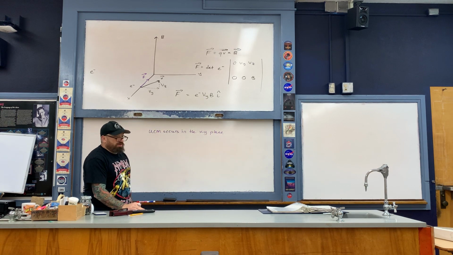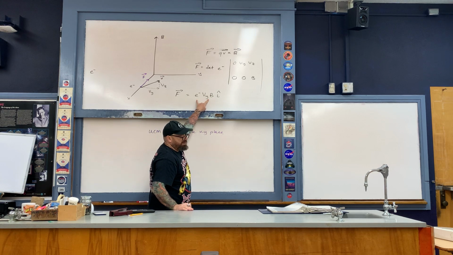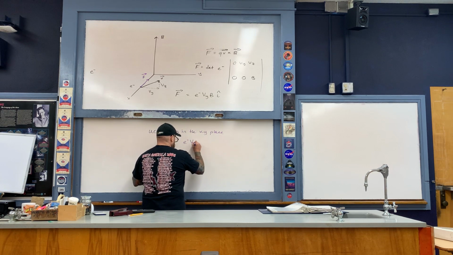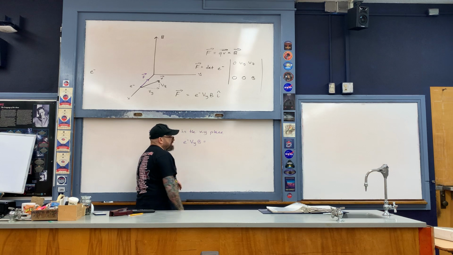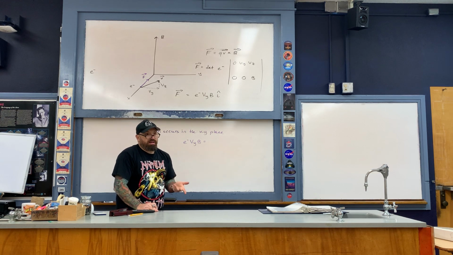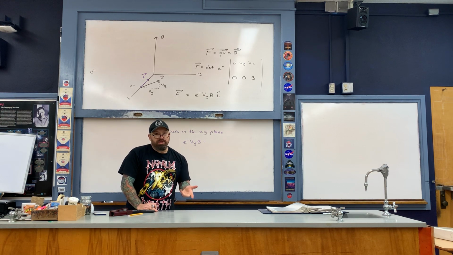Now the magnitude of the force itself is this quantity right here. And this would equal mass times acceleration in the XY plane. The acceleration in the XY plane is the centripetal acceleration.